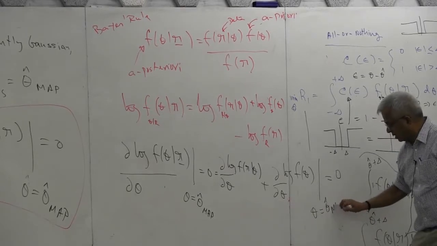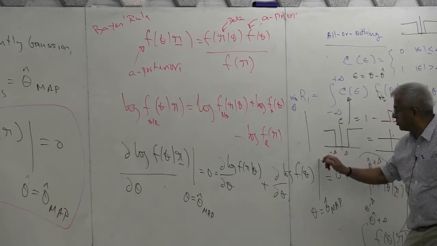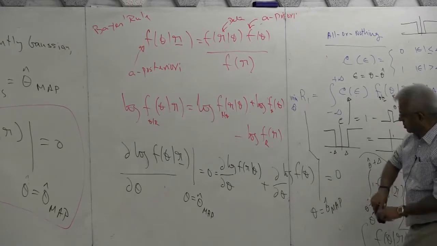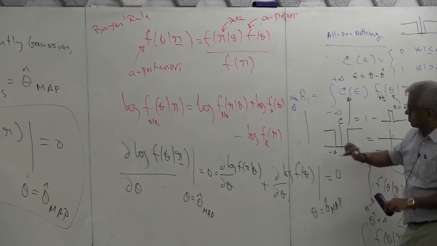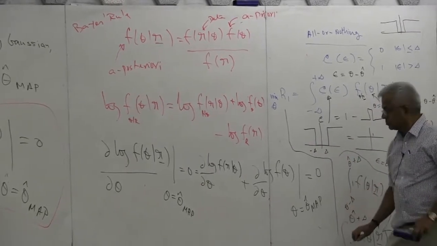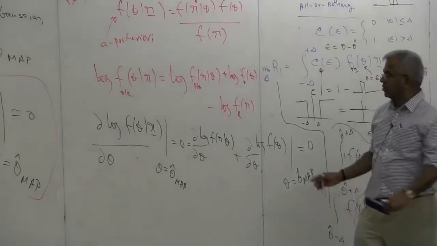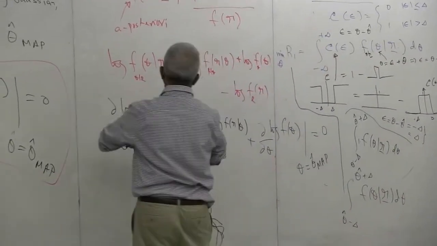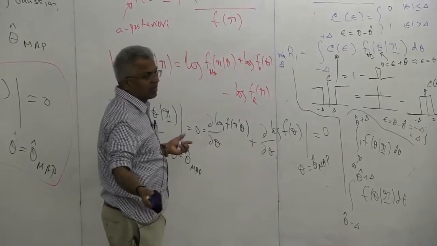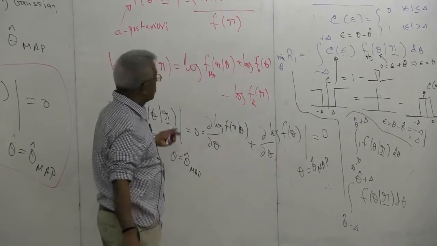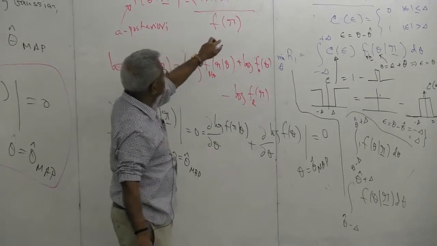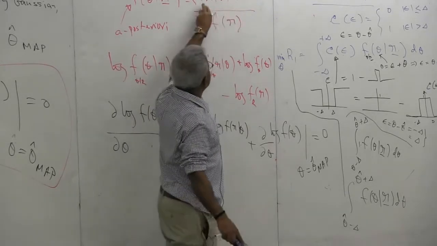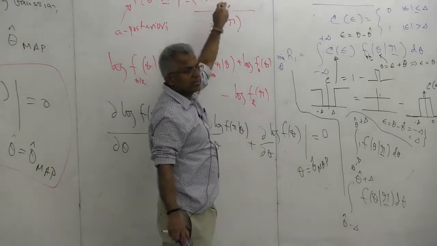I think it is high time to do some examples, so I'm going to stop here. As I said, this density function is never given to you. What you generally have is this density function, and this you need to figure out from the data.